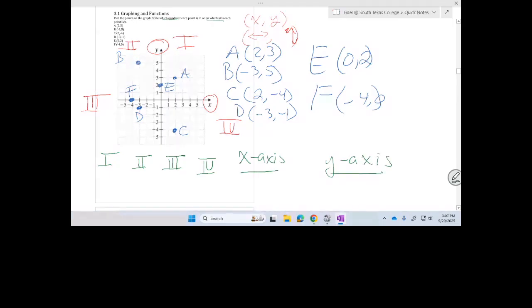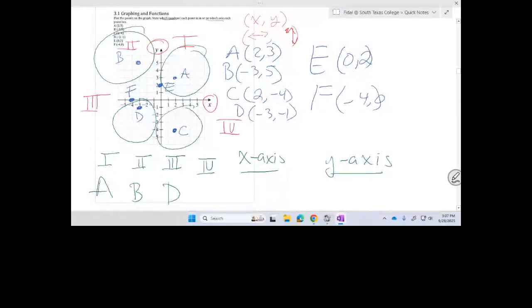Now I'm going to come back and take a look. Are any points in quadrant 1? Yes, A is in quadrant 1. Are any points in quadrant 2? Looks like B. Are any points in the third quadrant? Looks like D. How many in the fourth? Looks like C.